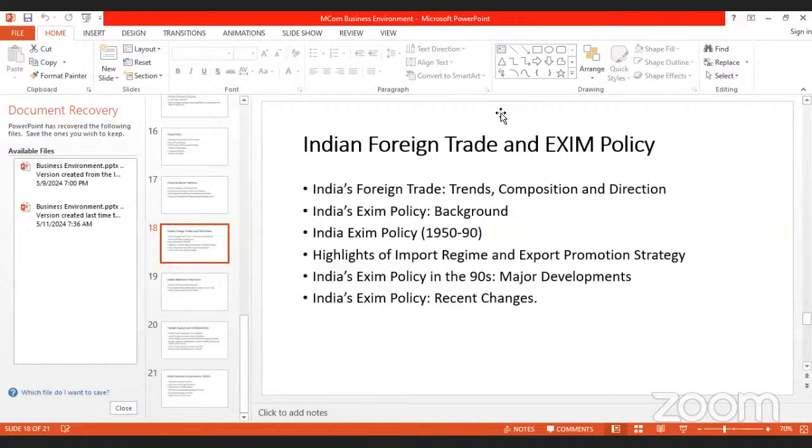The very first topic under Indian foreign trade is trends. Well, India's foreign trade has undergone significant changes over the past several decades.